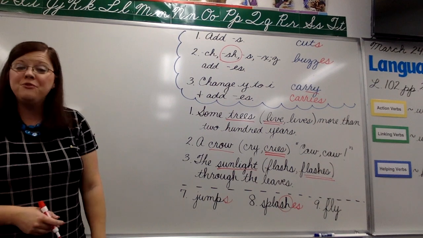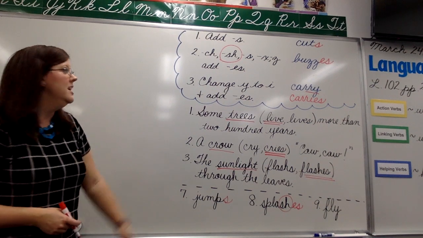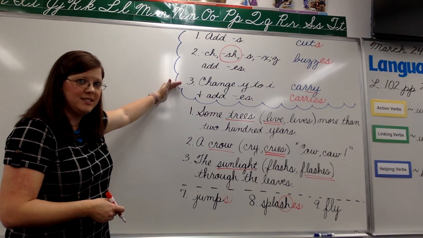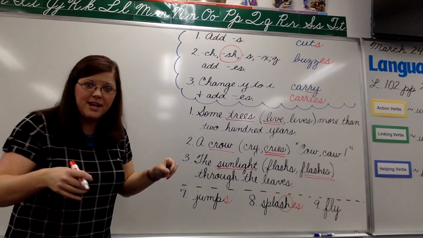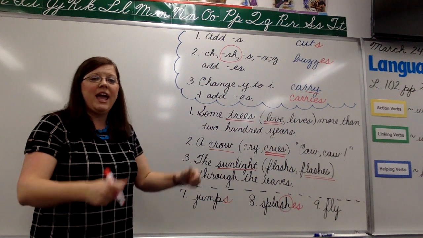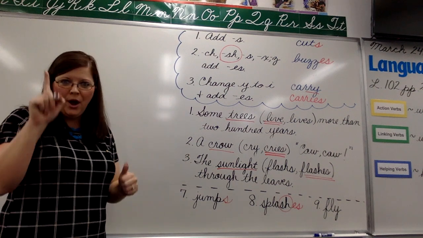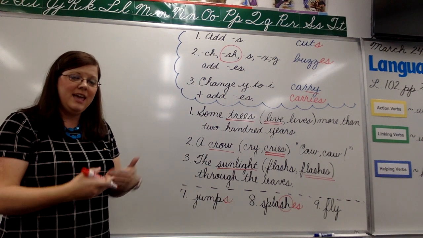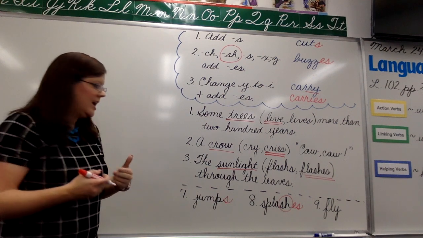And number 9, fly. Does fly end with a Y? It sure does. So we don't just automatically take off that Y. No. We have to back up 1 letter to see what kind of letter that is. Is that letter a consonant?